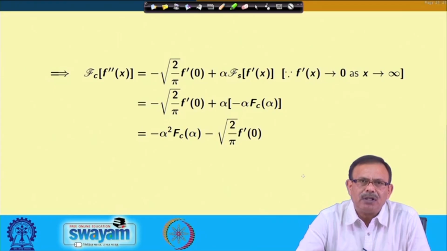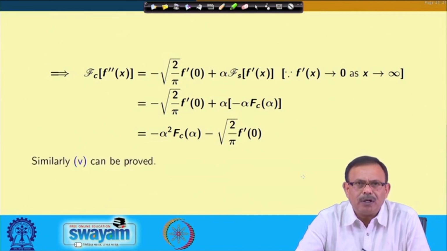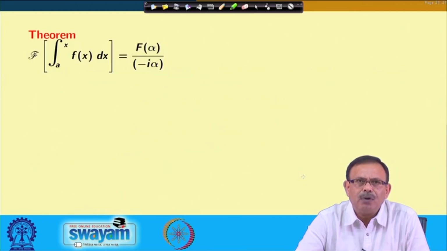So, I can write the Fourier cosine transform of f double dash x is equal to minus alpha square into the Fourier cosine transform of f of alpha, minus root over 2 by pi into f dash 0. This completes the proof of the fourth one, and in the same fashion we can prove the fifth one also, as I have mentioned earlier, which you should do on your own.